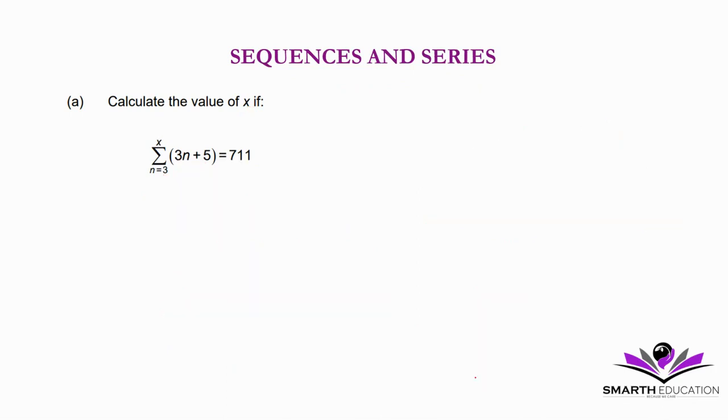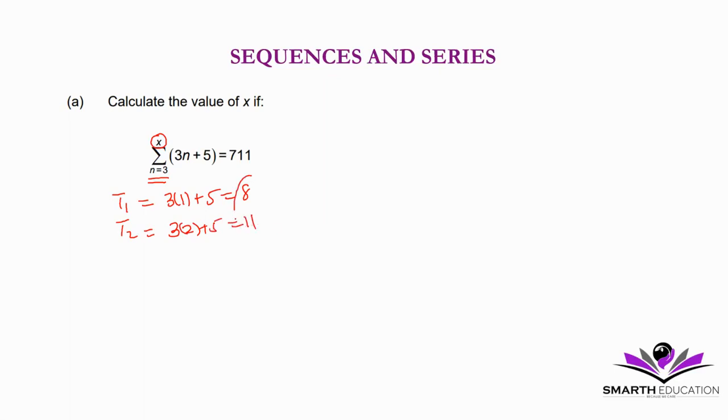The other way we can do this is to include the first 2 terms. If we include the first 2 terms, then our x will be equivalent to n. So we have to include t1 and t2. So t1 is 3 times 1 plus 5, which is equal to 8. Then t2, 3 times 2 plus 5, is equal to 11.